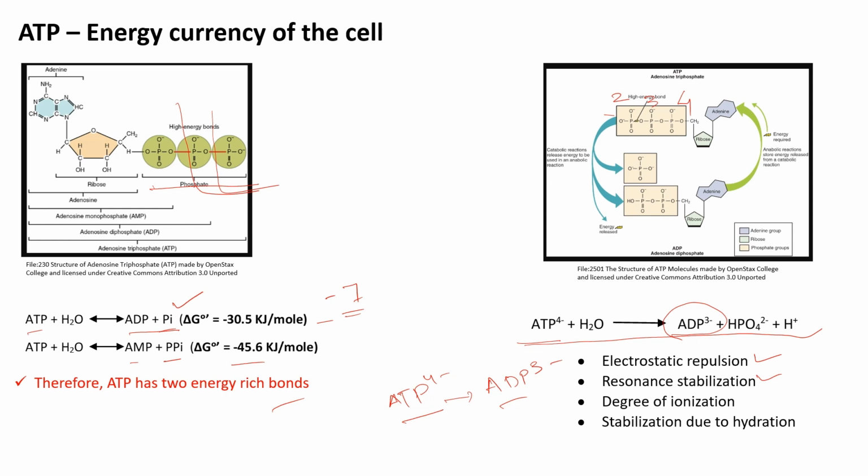After dissociation, 1 phosphate is released. So now how do we write the structure of phosphate? This is how we write the structure of phosphate, right? Instead of writing this, we can also write like this.